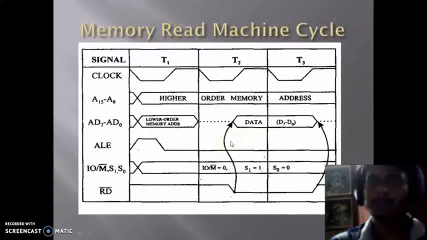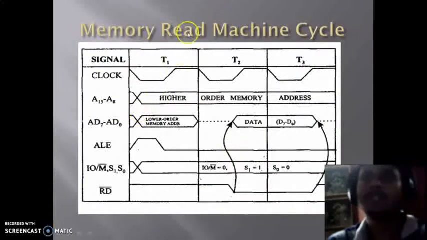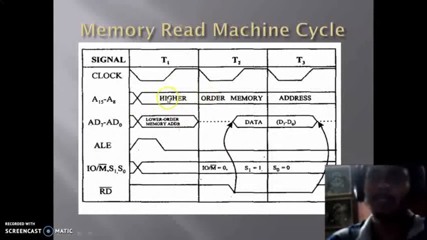Now, in case of the memory read machine cycle, for the first T state, the higher order address will be placed into the higher order address bus, and the lower order address will be placed into the multiplexed lower order address data bus, and at that time ALE will be high.